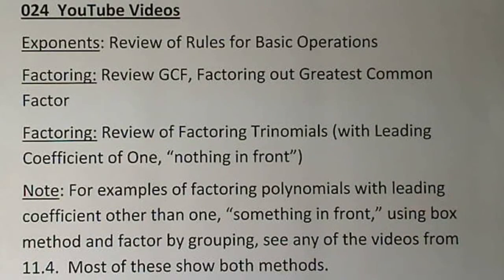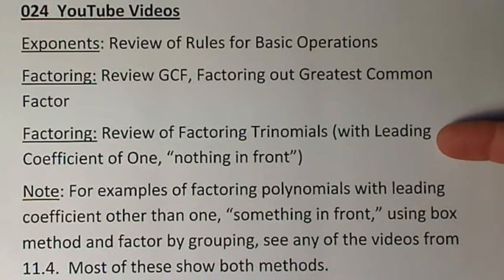Before starting with number 55 here, I just want to mention I have some videos posted that explain things in a more step-by-step and detailed manner. So any one of these three videos might be a little bit easier for you to understand if I'm proceeding too quickly.